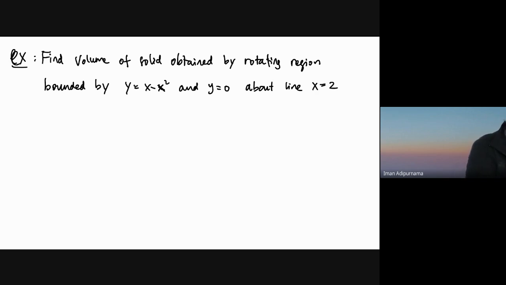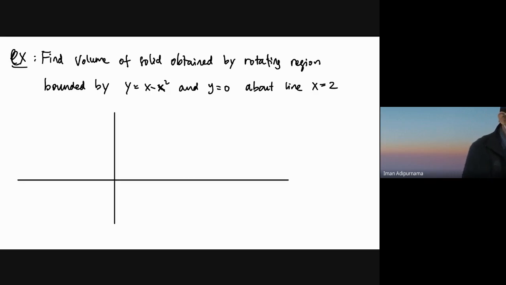Okay. Now if we want to draw this, 0, 1, probably 1 is here, 2 is here. And let's say that's our curve.